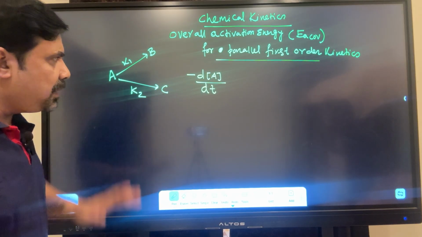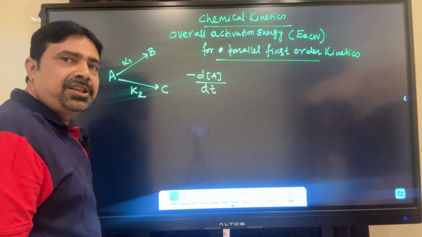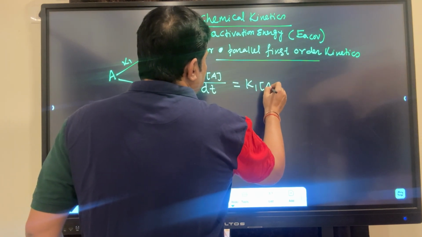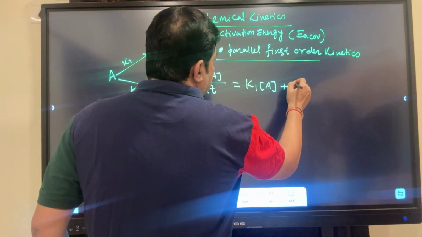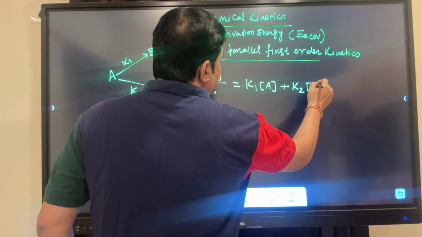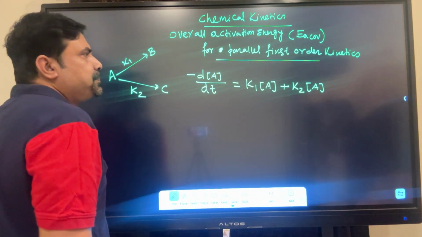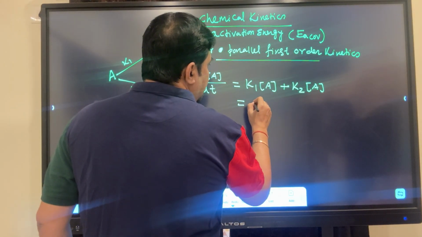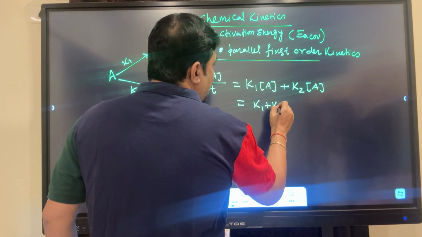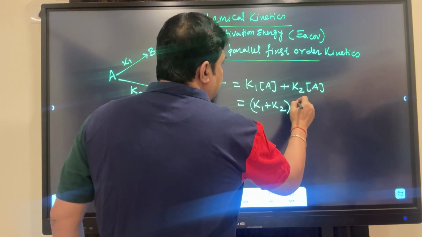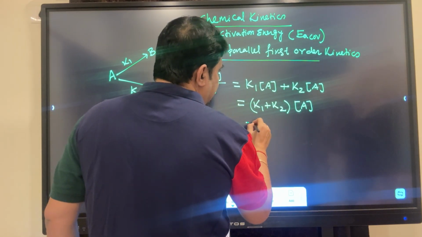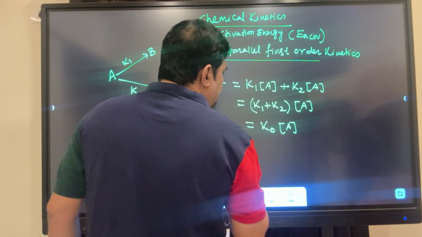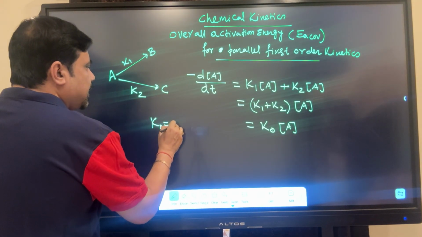So minus dA by dt, the rate of disappearance of A, will be equal to K1 into the concentration of A after time t plus K2 into the concentration of A. If I take A common, I can write K1 plus K2 into the concentration of A. That is K overall into A, where K overall will be equal to K1 plus K2.